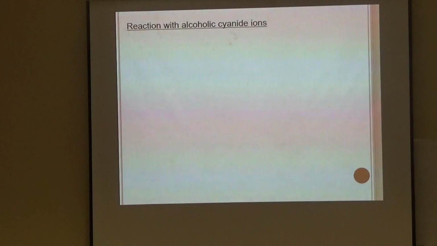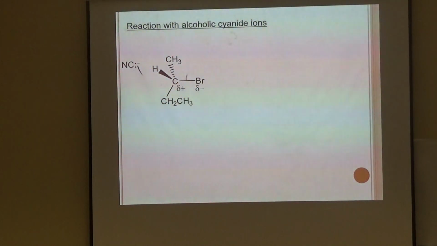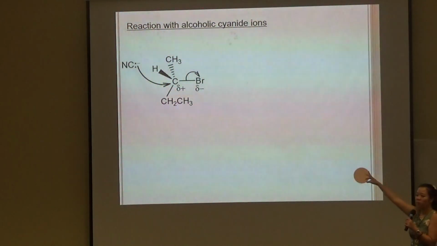Examples are both printed in your notes and quite easy to understand. Okay, if I start with an alkyl halide and I have CN minus coming through, undergoing an SN2 mechanism, they will attack directly. Now some of you read my notes partially and ask me, how come the electrons go from the bond to the Br?